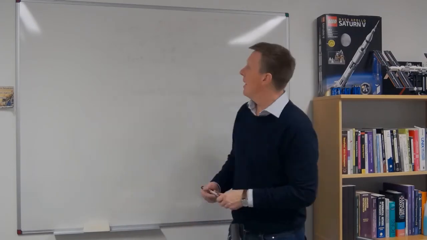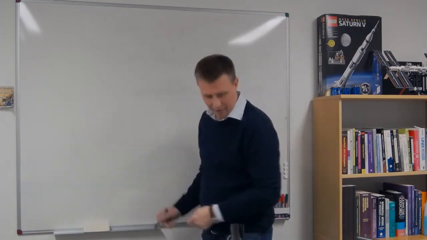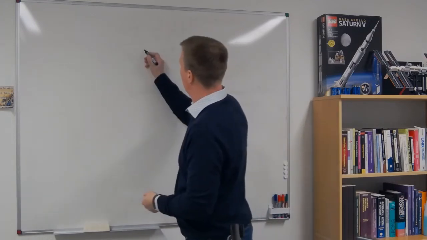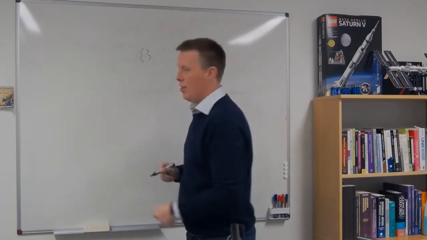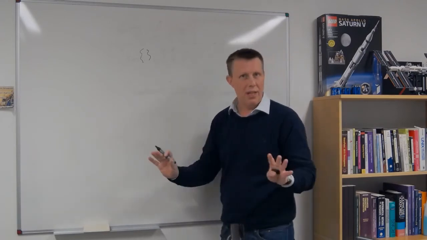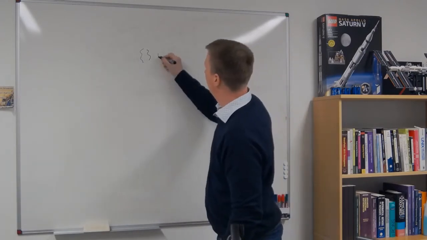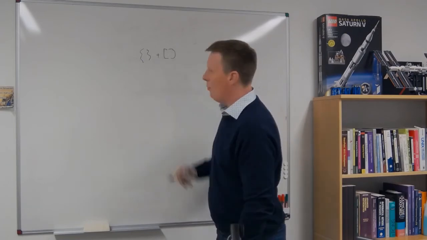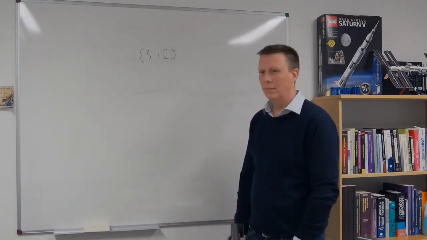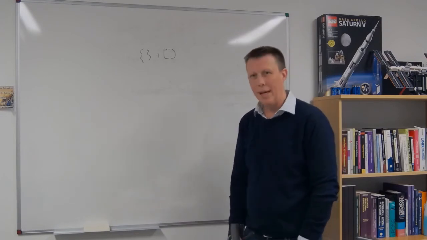But if we take some example like JavaScript, which is notorious. If we do in JavaScript type empty object, just object, nothing else, just empty object, and we add an empty array to it, what should we get?